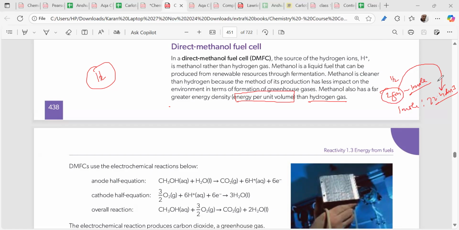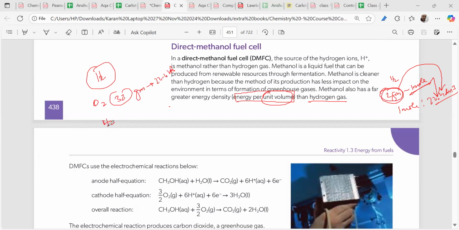It has a very small amount of energy per unit volume, and this is a major challenge. In order to transport 2 grams of hydrogen, that is 1 mole, 1 mole of the gas occupies how much? At STP, 22.4. So that's the reason. See, if you take oxygen, 32 grams will be carried in 22.4 liters, or decimeter cube.